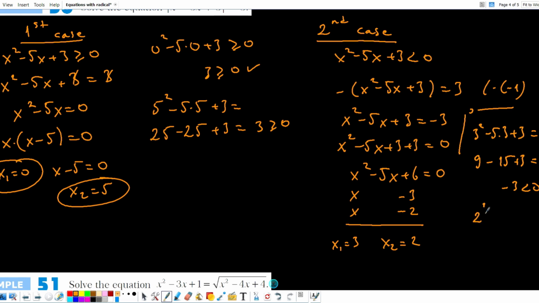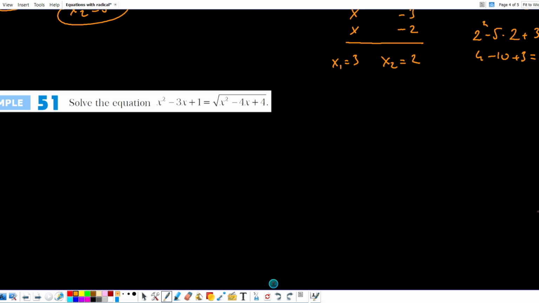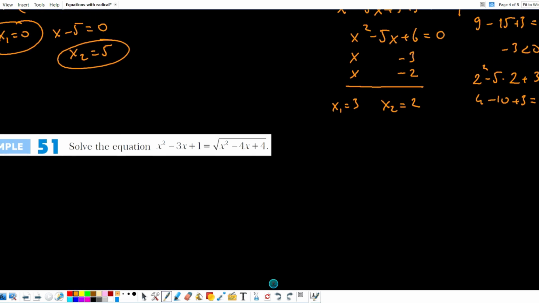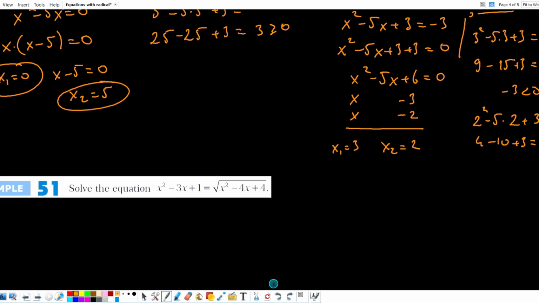Also for 2, when you check, 2 squared minus 5 times 2 plus 3, it will become 4 minus 10 plus 3, which is minus 6 plus 3, again minus 3, which is less than 0. So both of them work. Both of them are our solution.